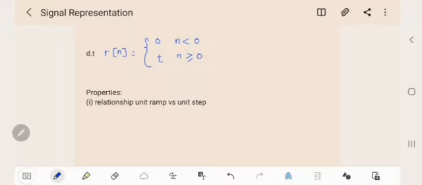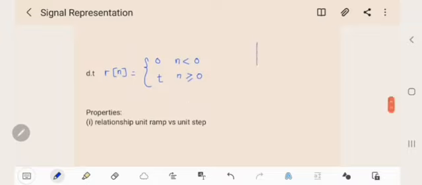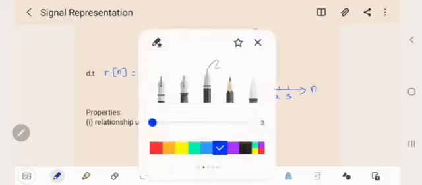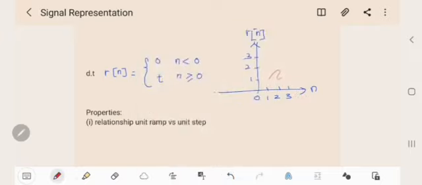So the signal will look like this, r[n], with 0, 1, 2, 3 and same for here, the signal will be 1, 2, and 3. This is the discrete signal.